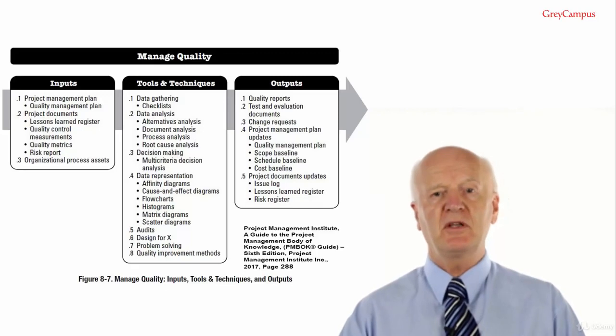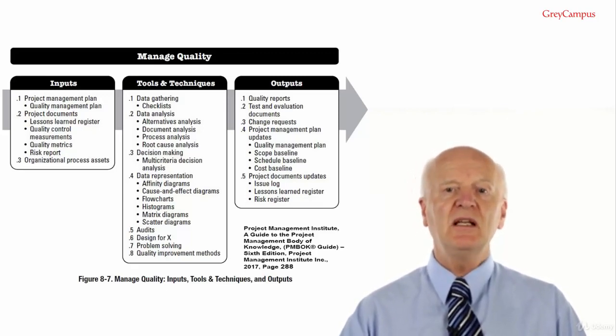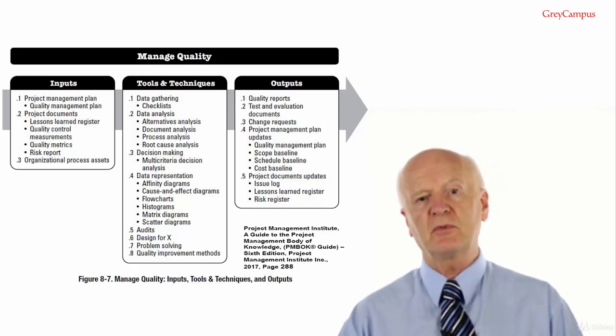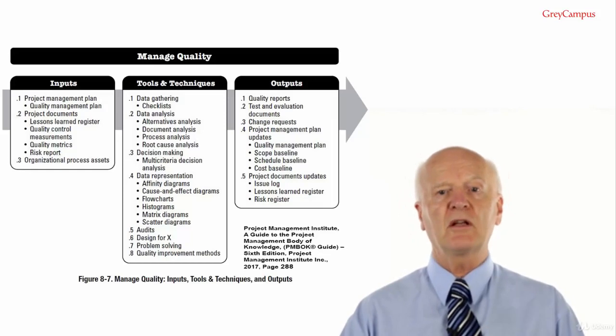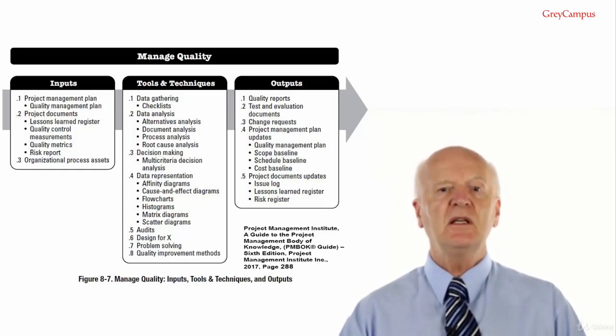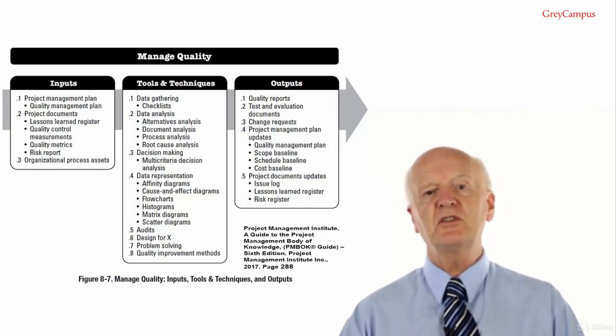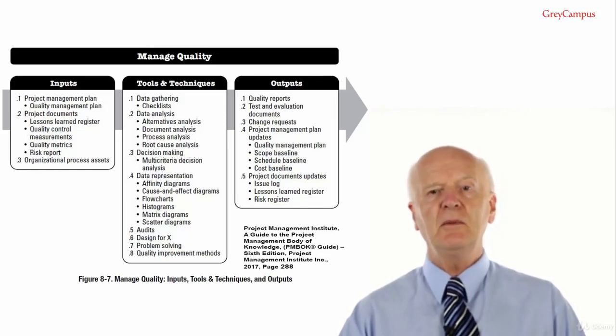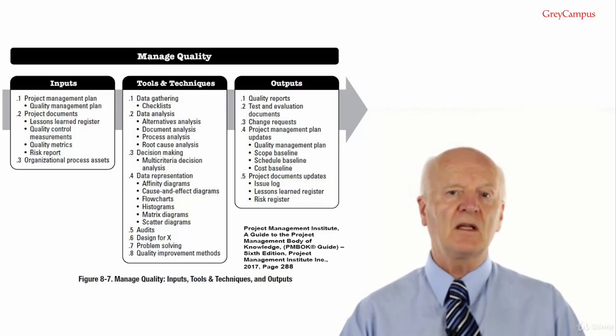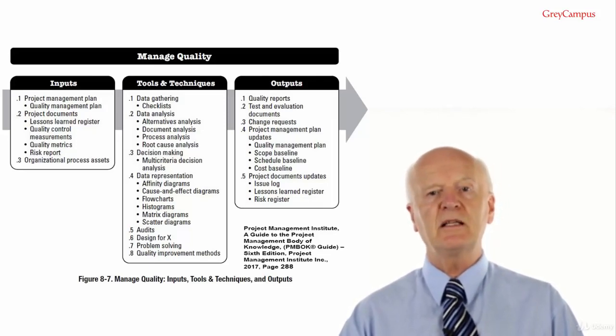Output number 3, change requests. If changes occur during the managed quality process that impact any of the components of the project management plan, project documents or project or product management processes, the project manager should submit a change request and follow the Perform Integrated Change Control Management process.